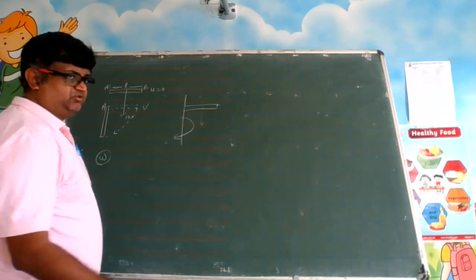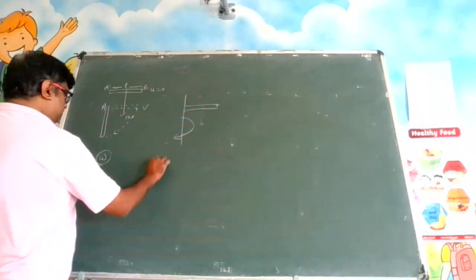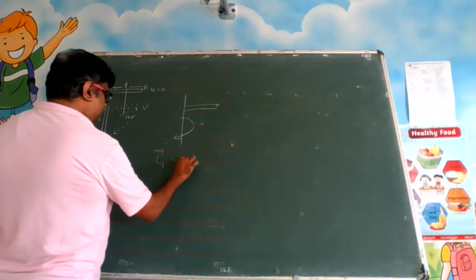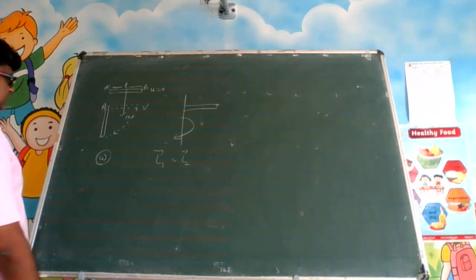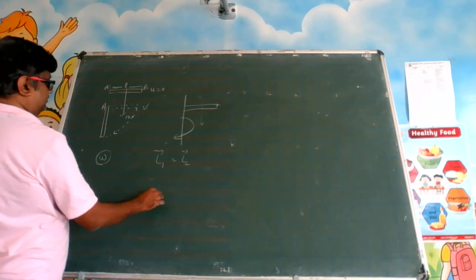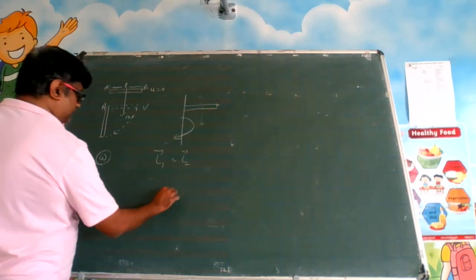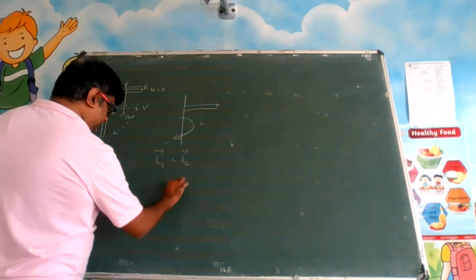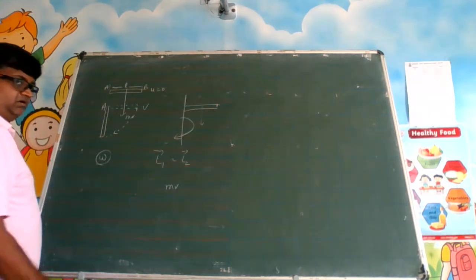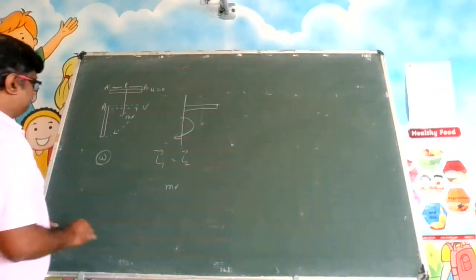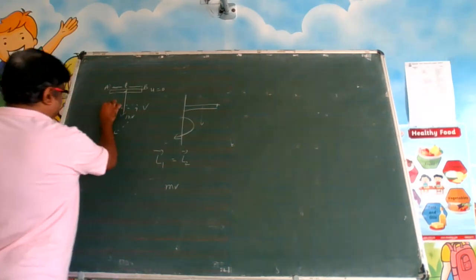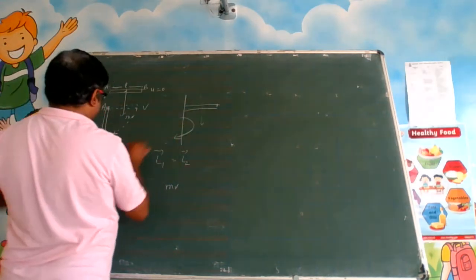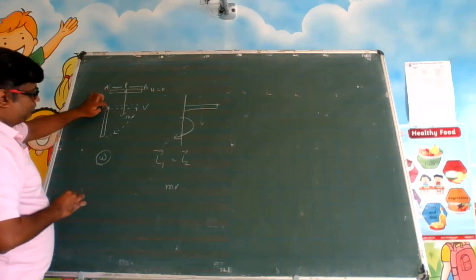Here there is no external torque in the system, so in both cases your angular momentum will be conserved, isn't it? So what is angular momentum? One way of writing it is linear momentum multiplied by the distance. Its CG is here, and it is trying to rotate about this point.